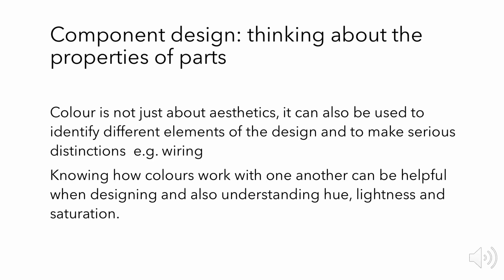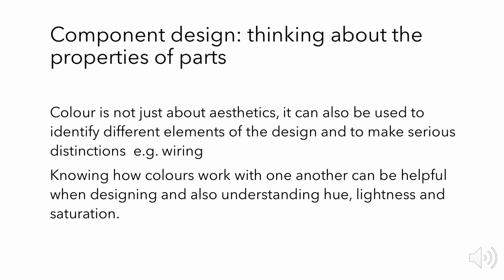If you were surprised to see colour on the list of properties of parts, it's really not just about aesthetics. It also can be absolutely crucial when you're trying to identify different elements of a design, and sometimes that can be really serious. You need to have wiring that can be easily recognised, for example, for the live wire and the earth and so on. And knowing how colours work with one another can also be very helpful when designing.